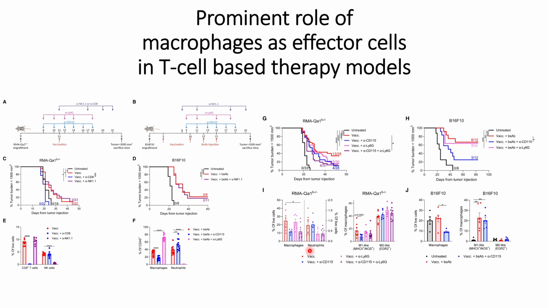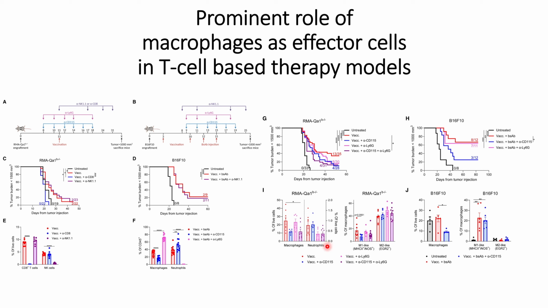Let me re-explain this. For the macrophages, when they use anti-CD115, they see a decrease in the macrophages, but when they use LY6G, they do not see a decrease in the macrophages in this case.